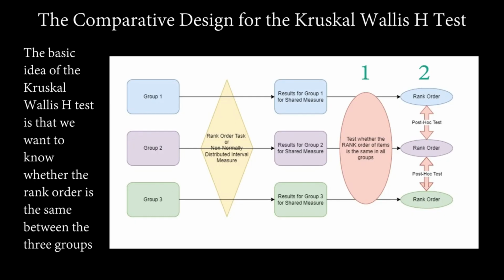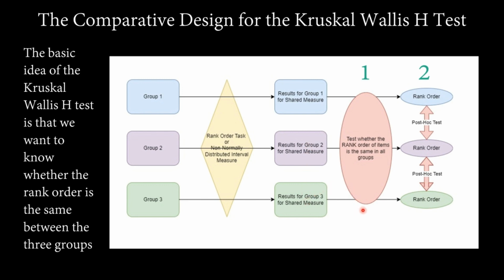So let's take a look at a schematic presentation of what this test looks like. So we have three groups: meaningful literacy, 101 and 202. They're going to do a rank order task. In this case, they're going to rank order poetry, research report, and a literature review. We have results for group 1, results for group 2, results for group 3.